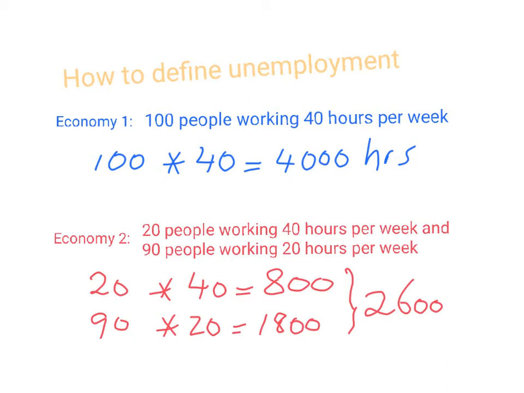Well, after analyzing this further, other economists actually concluded that yes, the unemployment rate went down after the minimum wage went up, but if you looked at the total number of hours worked in New Jersey during that year after the minimum wage increased, the total number of hours actually decreased.